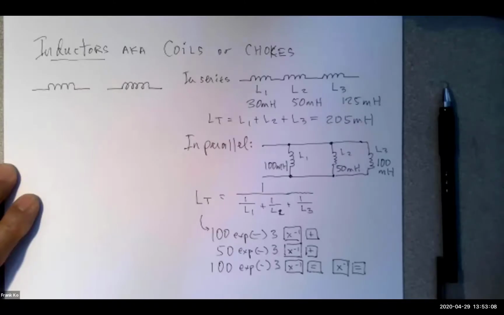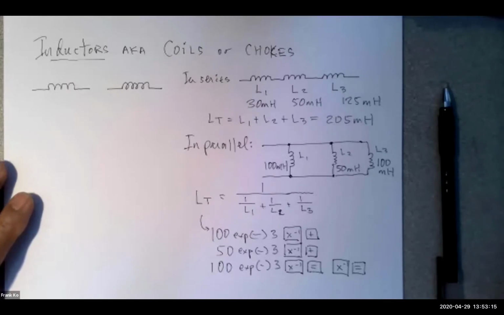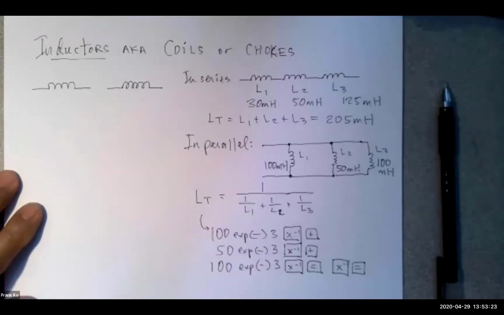Yes, 25 henries. What are my units? In henries? Yes, but is there an engineering prefix in front of henries? Is it kilo? Is it mega henries? Is it micro henries? Is there some kind of prefix there?